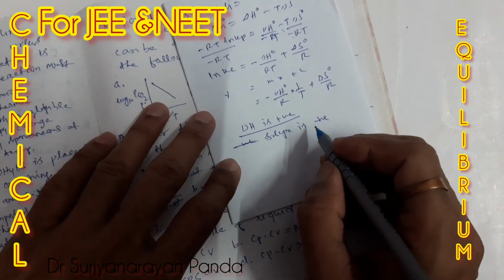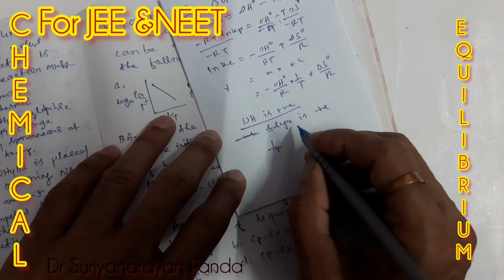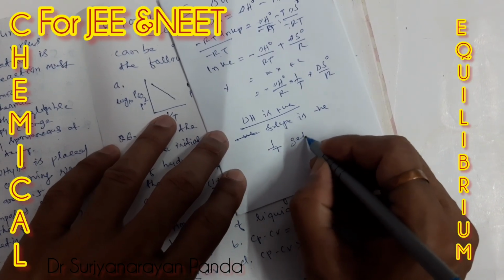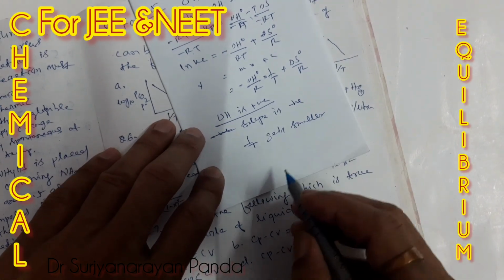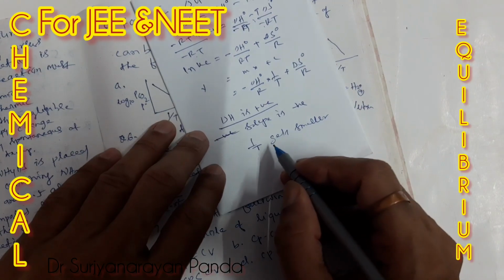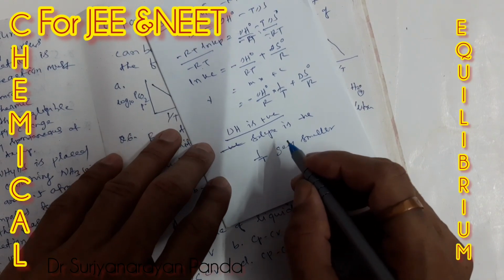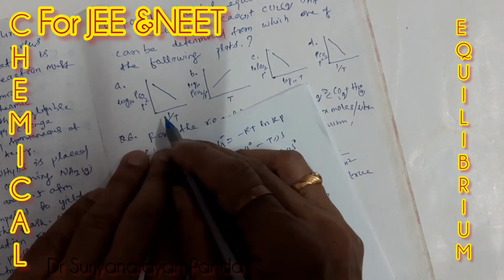Slope is negative means what? 1 by T gets smaller, understand? Slope is negative means 1 by T gets smaller, and the value of log Kp also goes up. So this is the choice, A is the correct answer.